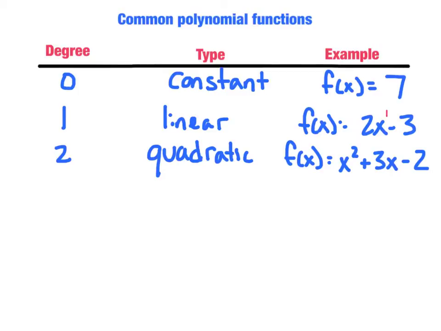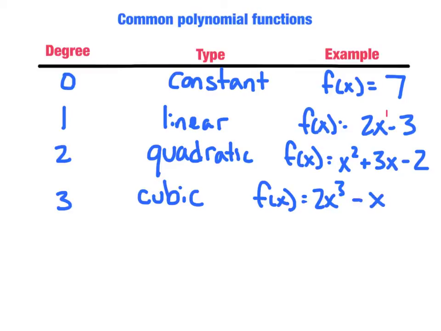We're going to do two more. If the highest degree is 3, it's cubic. So anything with the highest degree of 3, like 2x cubed. Now, we don't have to have every single term down. We could say 2x cubed minus x, and that's still a cubic function, just because the highest degree of x is 3.